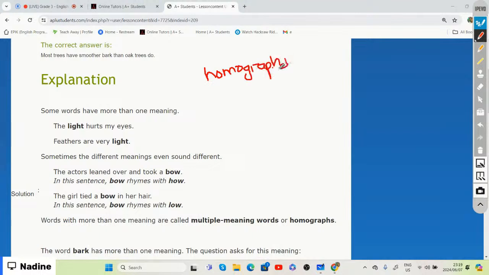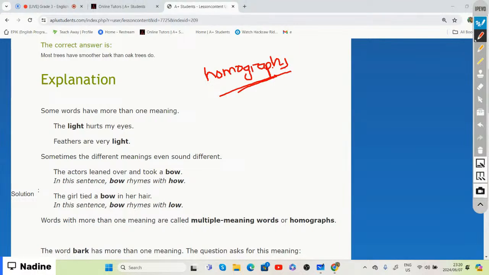Remember in one of our other lessons, we did homophones, and we said homophones are words that sound the same, but the spelling and the meaning are different. So that is homophones. But now when it comes to homographs, homographs are words with more than one meaning.